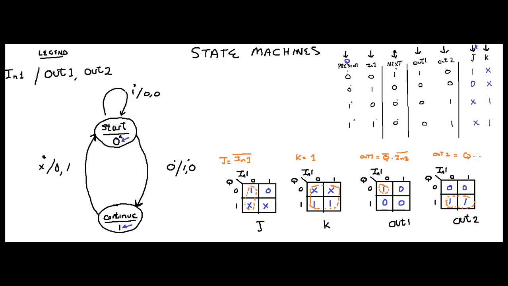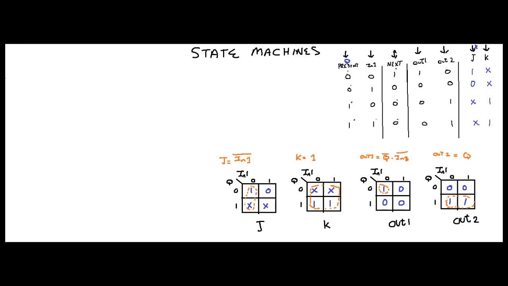So there you have it, right? There is your Karnaugh maps right there. So let's do this, shall we? Let's start making the circuit. Now, what do you have with these kind of circuits?